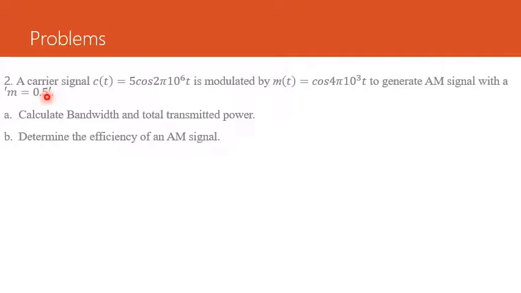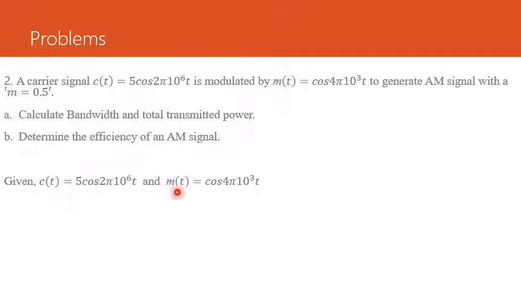Part A: calculate the bandwidth and total transmitted power, and B: determine the efficiency of the AM signal.